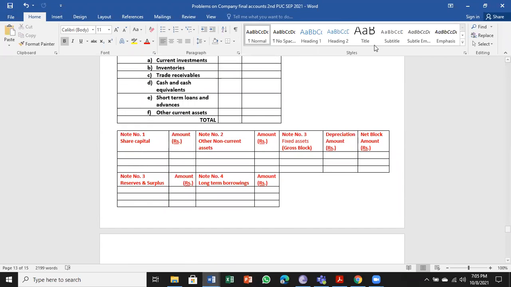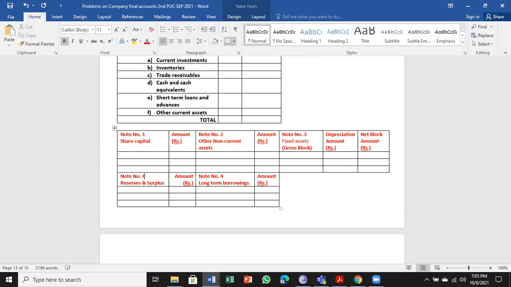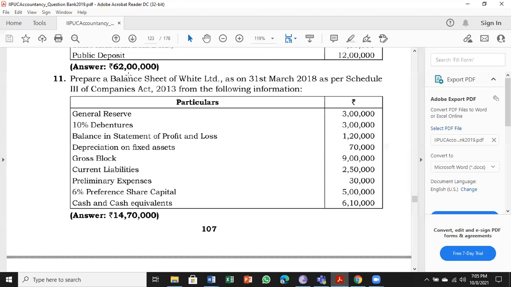I have some notes here. 5 notes I have done for your easy working. Even though 9 items are there, I have done 5 notes therein: 1, 2, 3, 4, and 5. So let me start working now from the beginning.